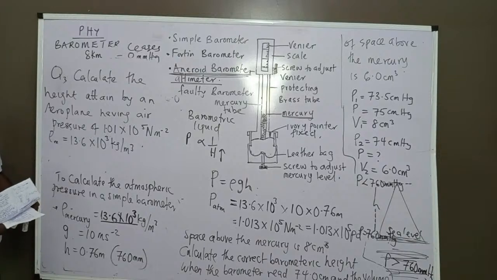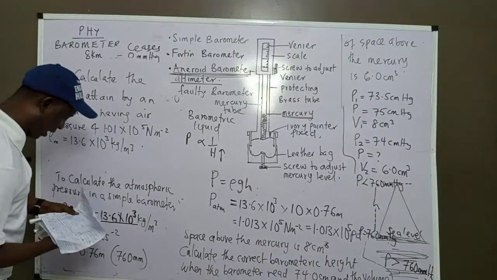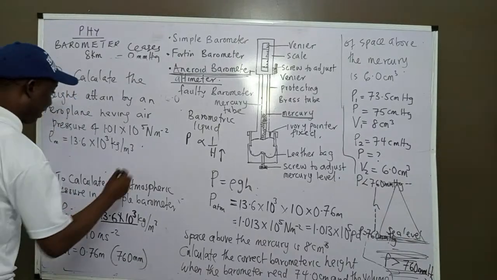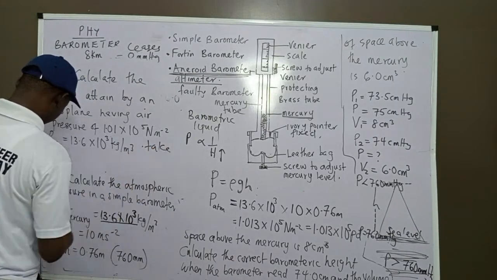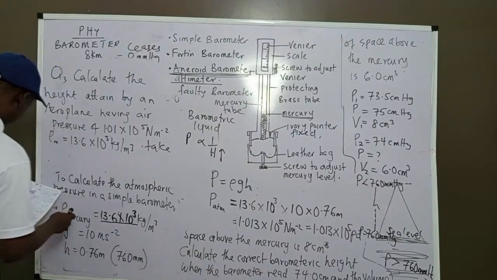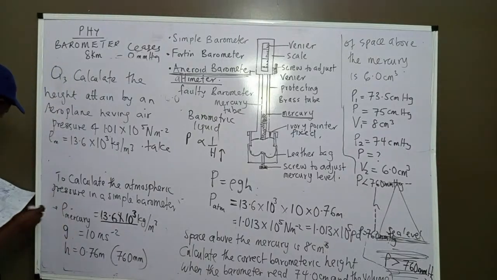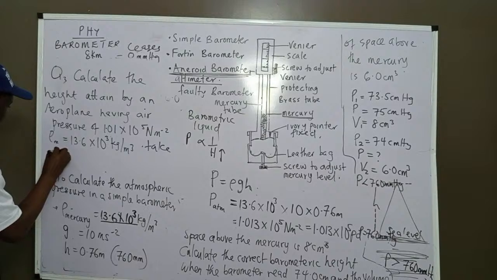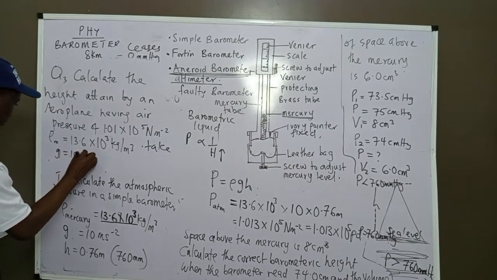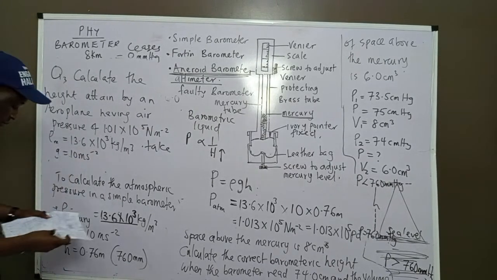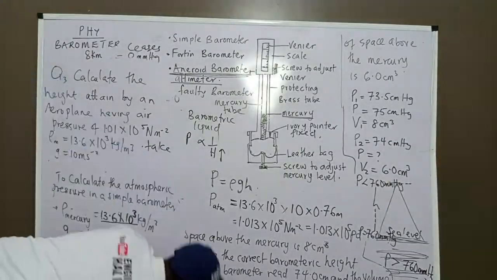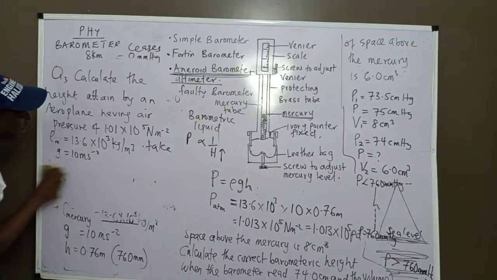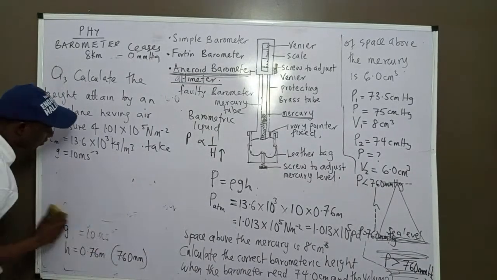Then take the density of the air, then they gave us gravity. Take g as 10 meters per second square. Now, what is another name for air pressure, class?